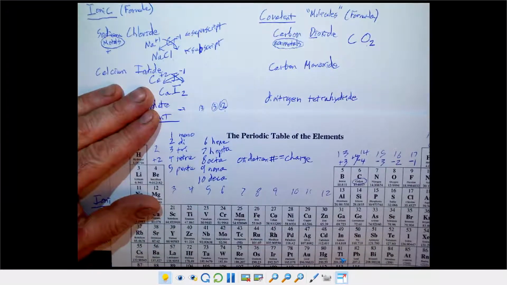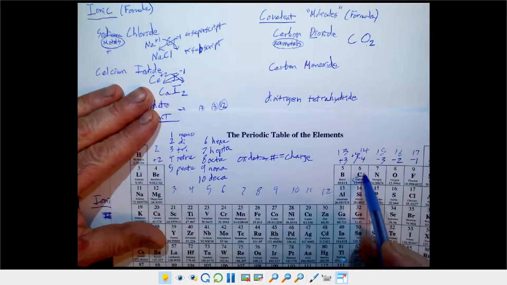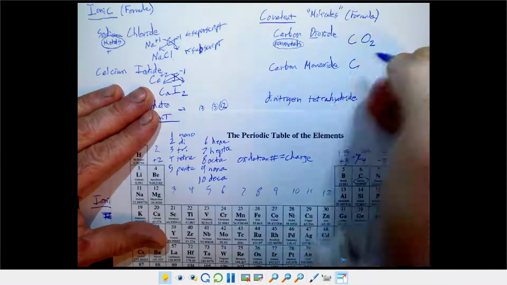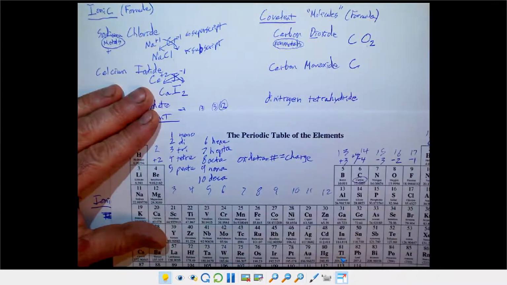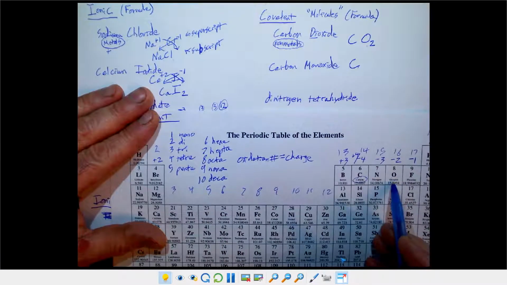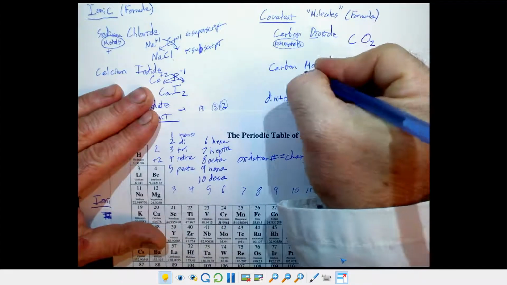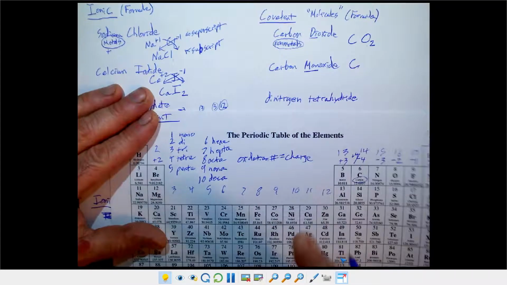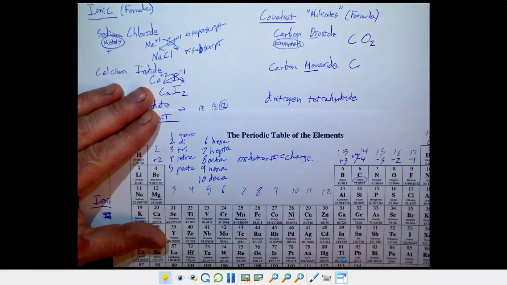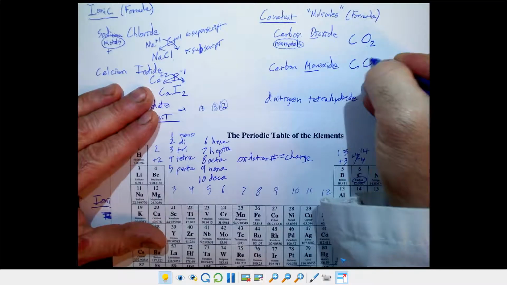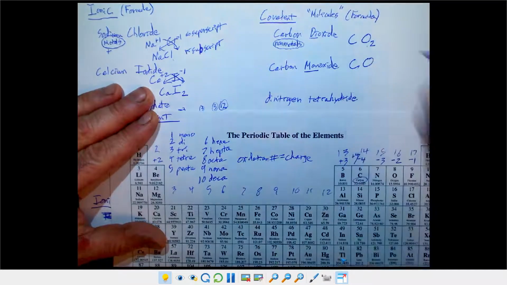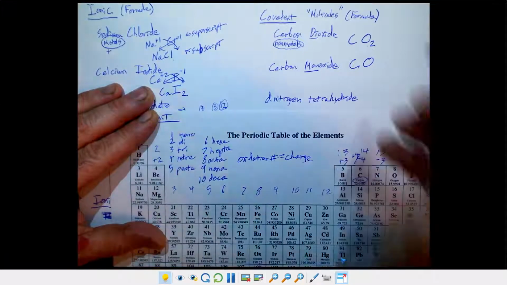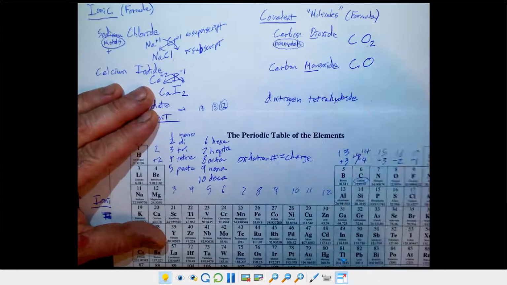Let's move on to the next one. Carbon, there it is. It's a C. Monoxide. Okay, that sounds like oxygen, but it's got the prefix mono on the front. You don't want to have two vowels next to each other, so one of the O's is dropped. So CO, like that. And what does mono mean? Mono means 1, so there's just one O after here, and you're done.